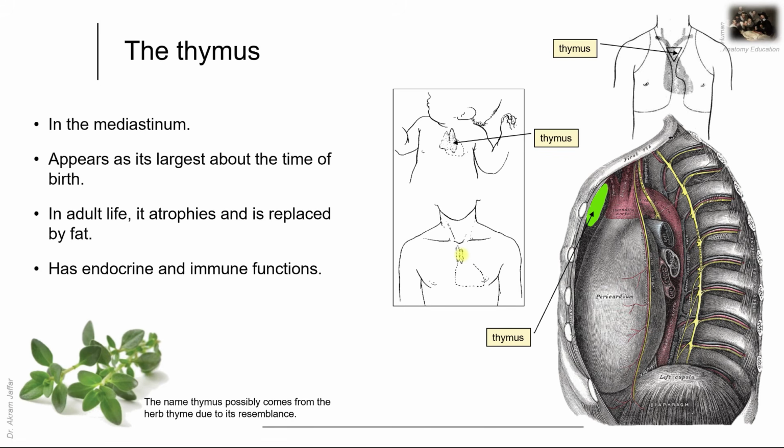The name thymus possibly comes from the herb thyme, because of the resemblance of the leaves of this herb to the shape of the lobes of the thymus, especially in a newborn, where the thymus is in its largest size. So let's start with studying the lymphatic drainage of different parts of the body. I will start with the lymphatic drainage of the lower limb.